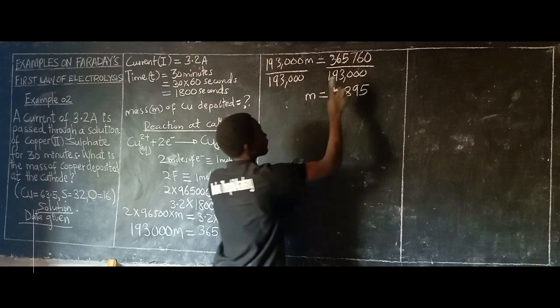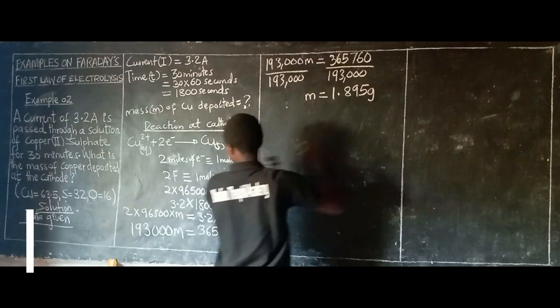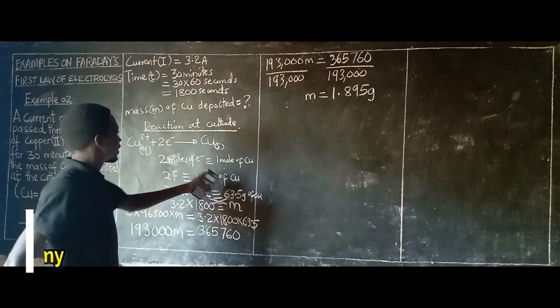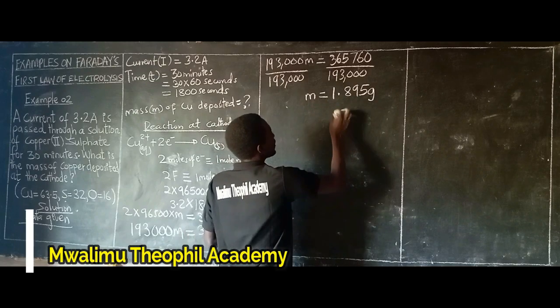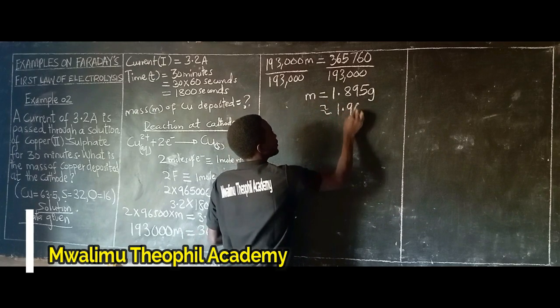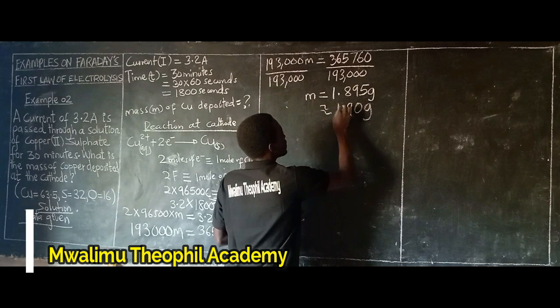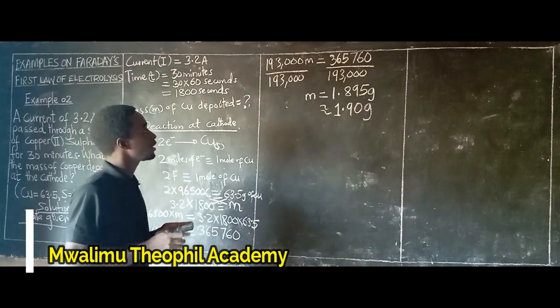This is the answer. Now you have to remember this is mass, so it is in gram, as all data is in the form of mass. So even the final answer will be the mass in gram. When you approximate this value, you're going to have 1.90 gram. So this is the mass of copper which will be deposited at the cathode.